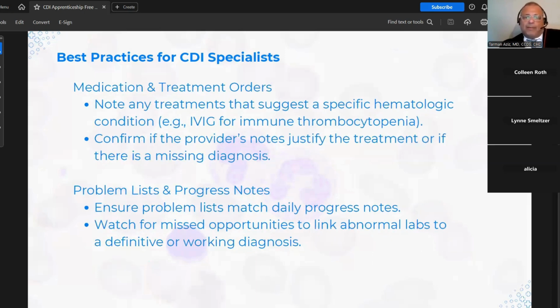We've talked a little bit already about the orders you might see. And really, the problem list doesn't always match the daily progress note assessments. And so many times we know that problem lists are a problem because you don't know what's an outdated or historical diagnosis and what is an actively treated diagnosis. Classic example is a patient who has a primary cancer of some sort that's unfortunately become metastatic and the disease has spread to other organs.